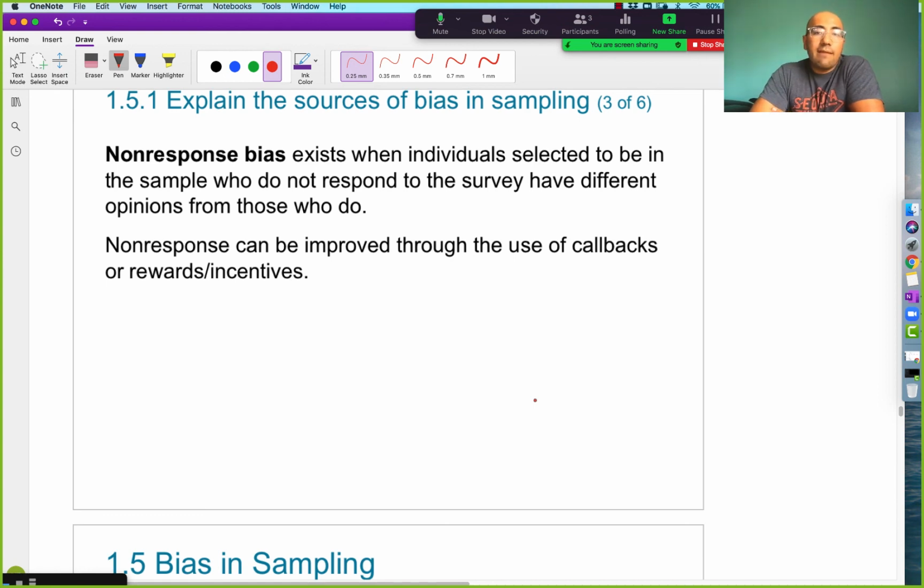They did a good job. The people conducting the survey did a good job of selecting you through simple random sample processes, but you might not respond. And it might be that people who don't respond tend to have an opinion that is a little bit different than everyone else that does, and so therefore a bias again begins to be created.